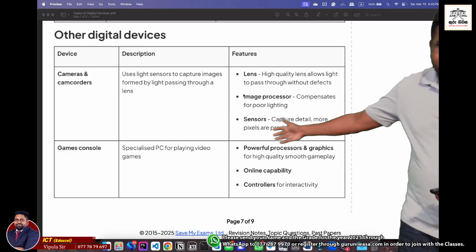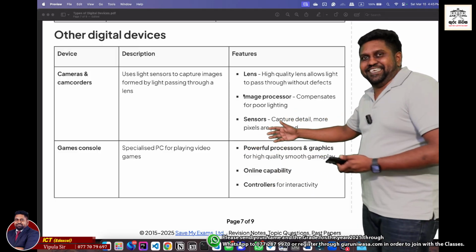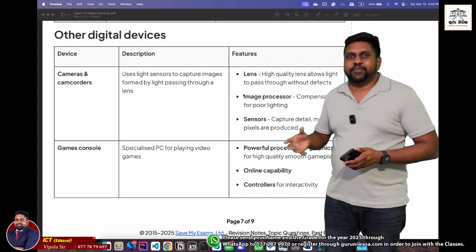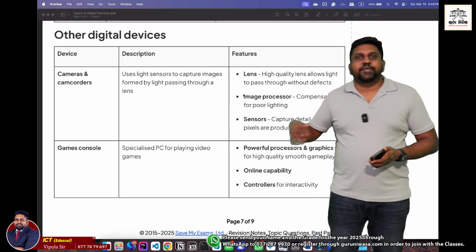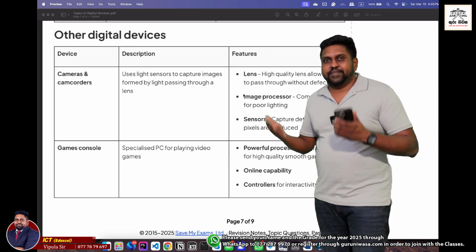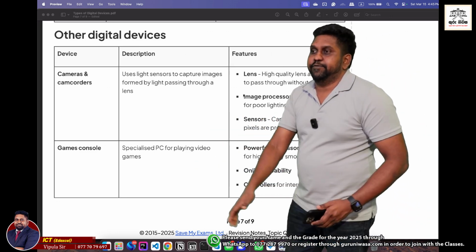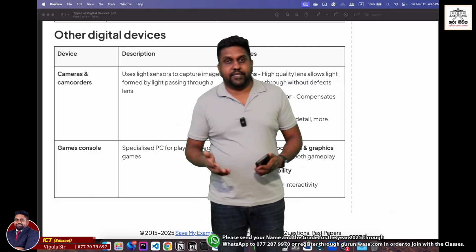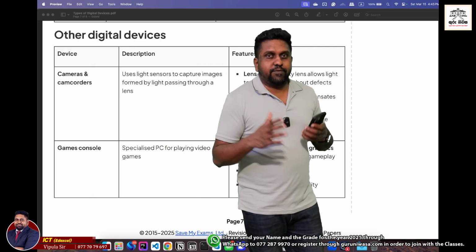And then my favorite, we have game consoles. Gaming consoles, especially these handheld gaming consoles, are focused towards playing video games, right? So they have only one purpose. They are powerful. Powerful means sometimes they can be much more powerful than a laptop as well, because they are built focused towards gaming.